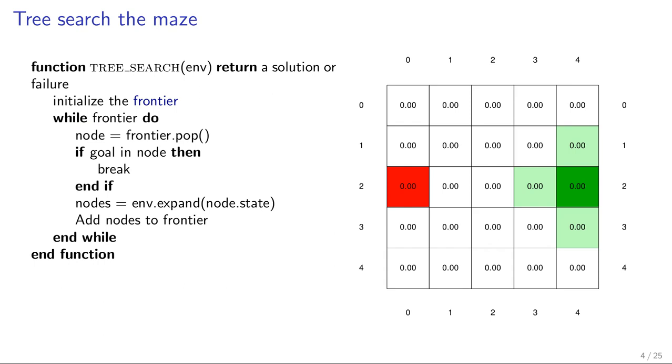So note that the node is something in your search tree, whereas the node state are the coordinates in the state space. Okay, that's something to keep in mind all the time here. As you expand, that means you look through the neighbors and you add those nodes to the frontier.